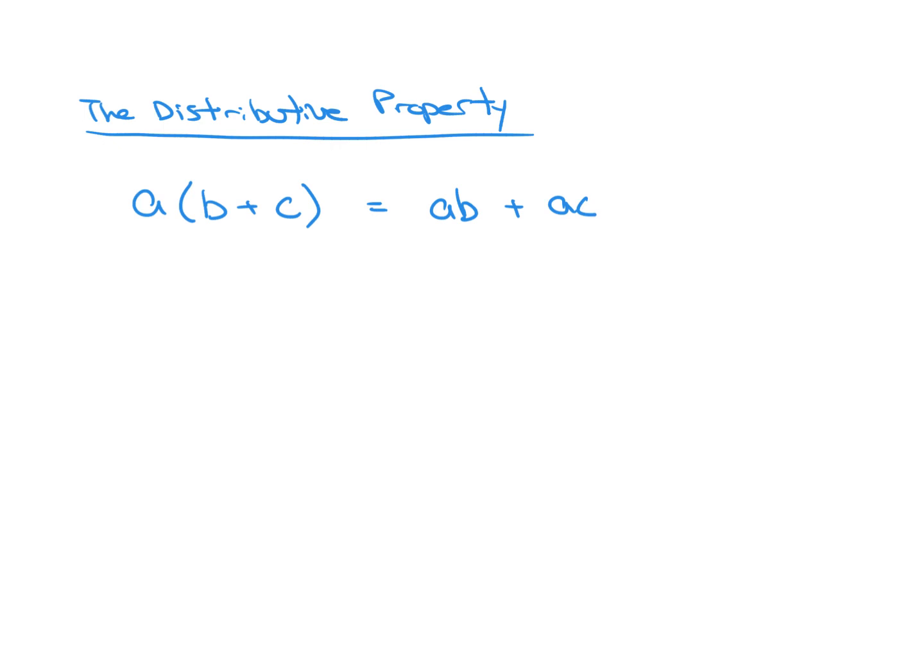Okay, so it is saying that instead of adding b and c in the brackets first, you can actually multiply them each by a first and then add them together afterwards. So we saw that as an example with regular numbers like 10 and $5. We're going to try to apply this to algebra now, so variables.